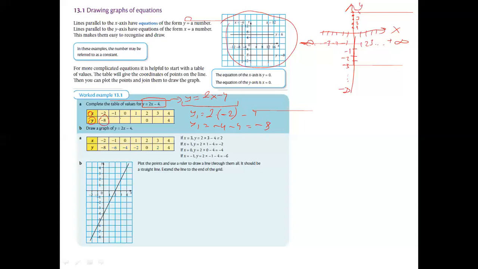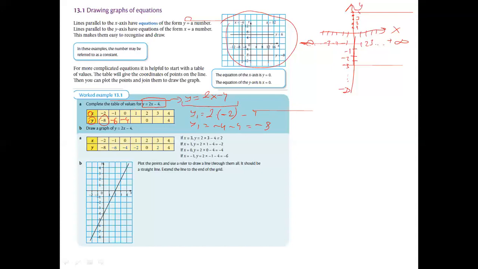For example, when you put x equal to minus 1, the answer will be 2 times minus 1 is minus 2, and minus 2 minus 4 is minus 6. When you put 0, 0 times 2 is 0, so we have only minus 4.